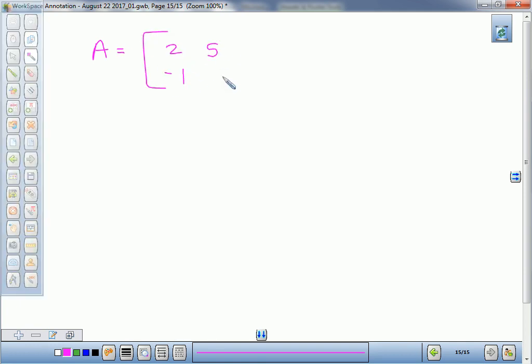So we have 0 times 1 and 2 times 1. Then we do the next column. So we have 0 times negative 3. And then we have 2 times 2.